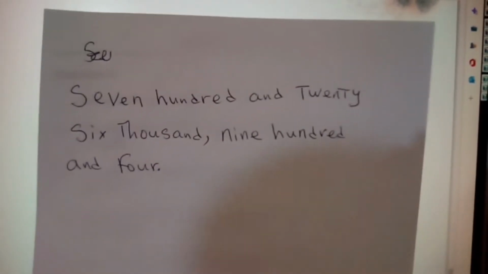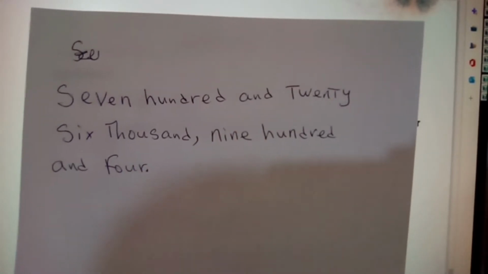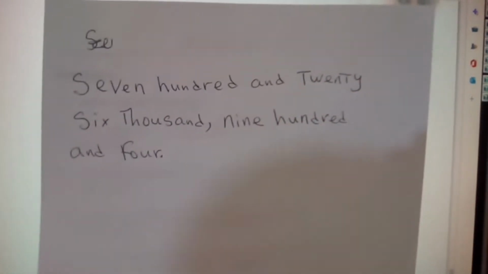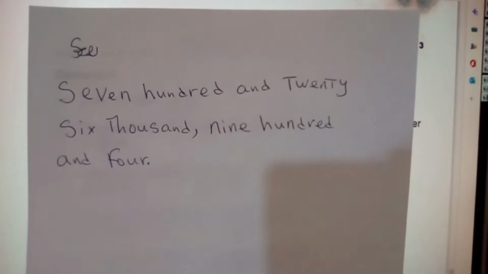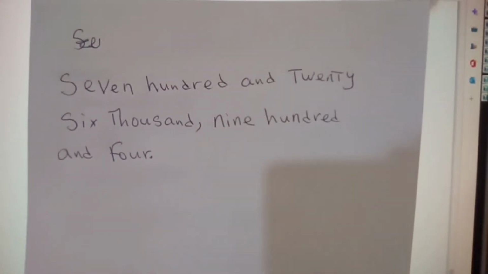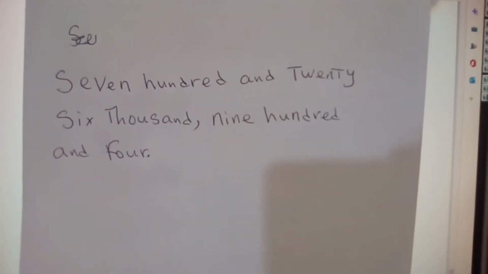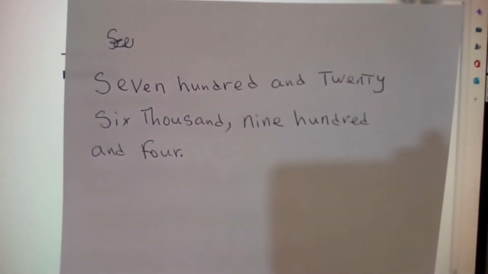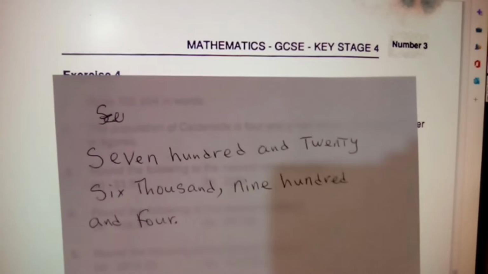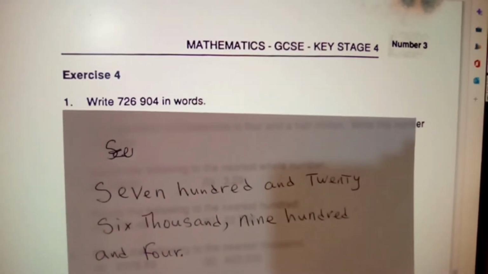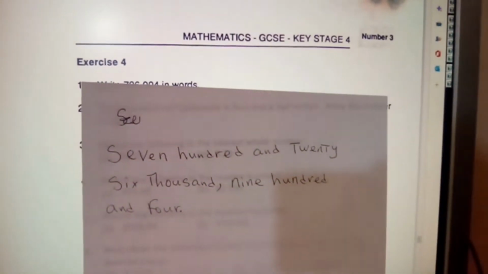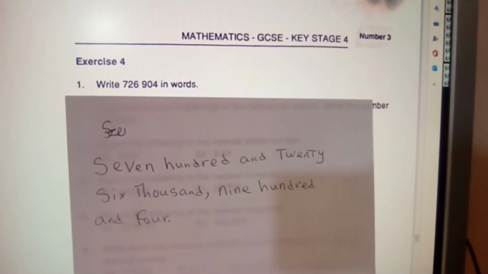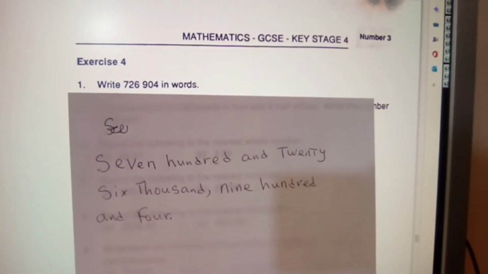So what we have is 726,904, and we're talking about that figure there. Pan back. I want to make sure you can see it, and that's how it is written out.